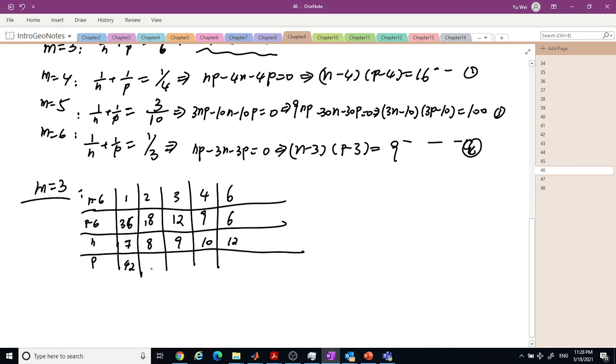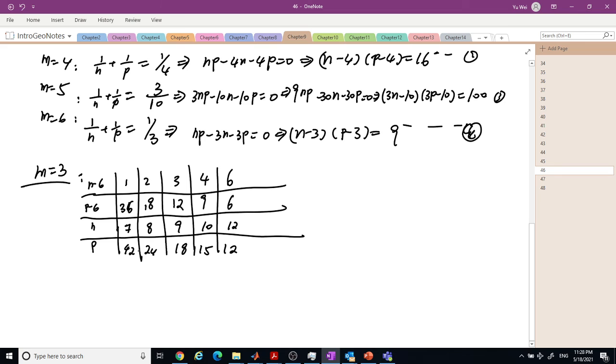So this one will be 24, 18, 15, and 12. All the n and p should be greater or equal than m, so no problem. These are all the valid solutions.